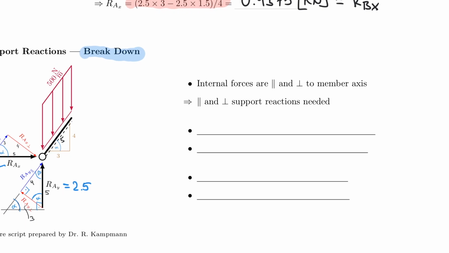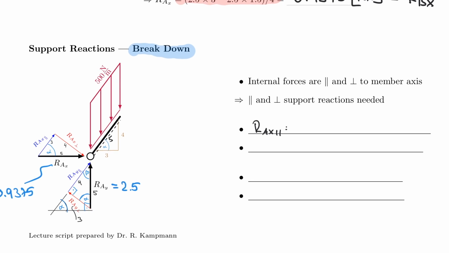Let's first calculate RAX parallel. And RAX parallel is equal to RAX multiplied by 3 divided by 5, right?